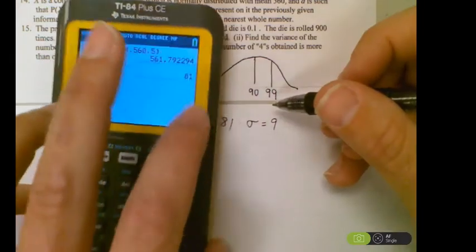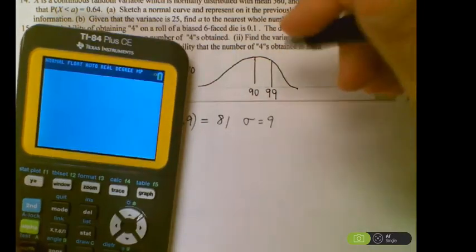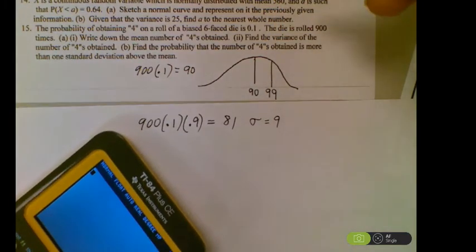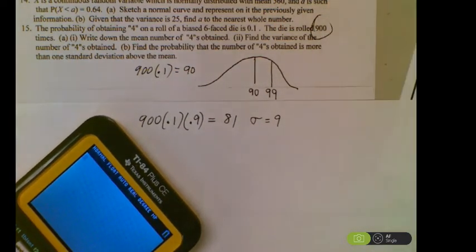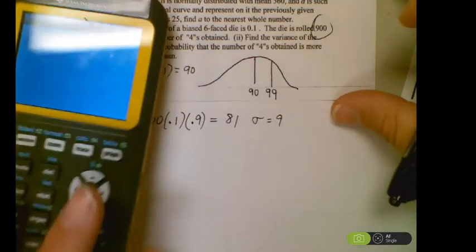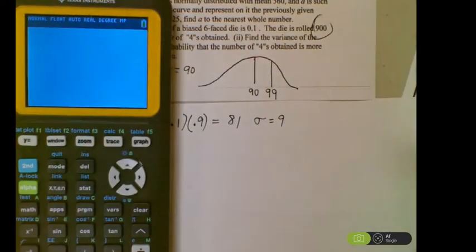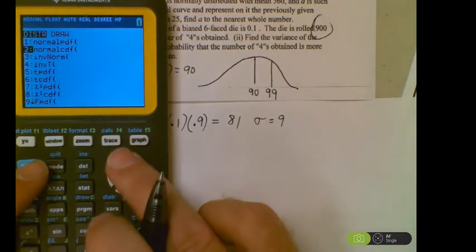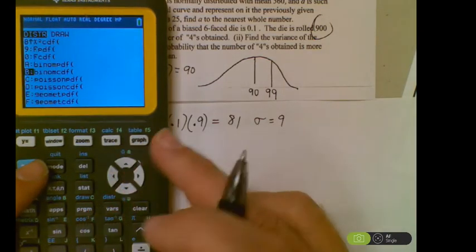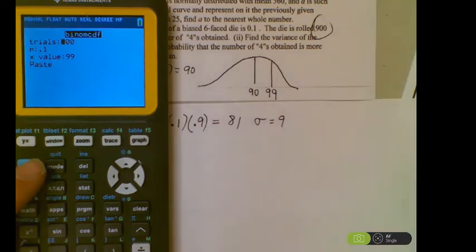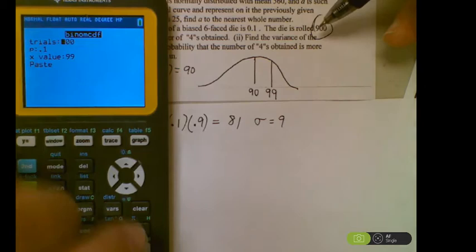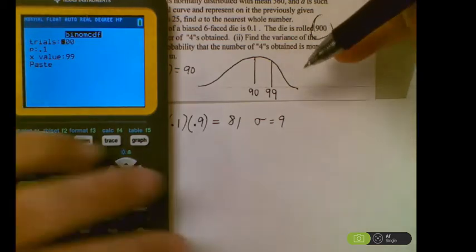So this is where we can just go to our calculator. Remember, we are talking about a group of options here, so we're looking at that binomial feature. In the binomial CDF, we have our 900 trials. Probability of success is 10%. Keep in mind what this question is saying.